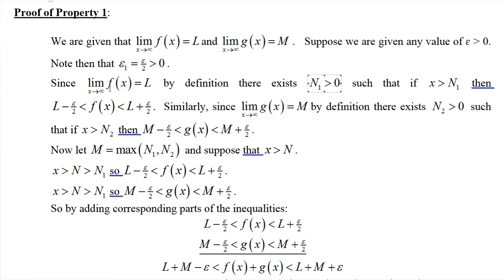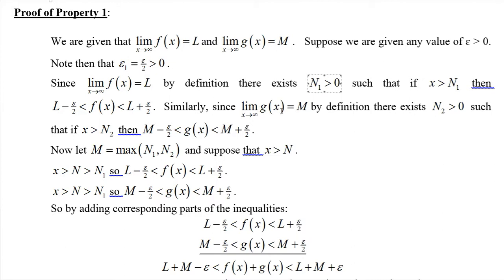Since the limit as x goes to infinity of f of x is L, by our definition that we just read, there exists some n1 greater than 0 such that if x is greater than n1, then L minus epsilon over 2, L minus epsilon 1, which is epsilon over 2, is less than f of x, which is less than L plus epsilon over 2.